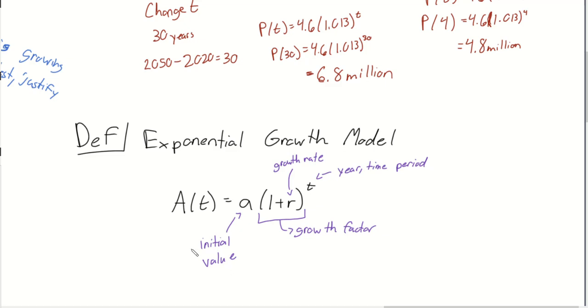Now, if I have a growth model, can I also have the opposite of that? Can we think of any other words to call it? What's the opposite of growth?